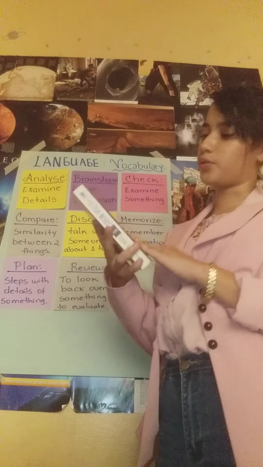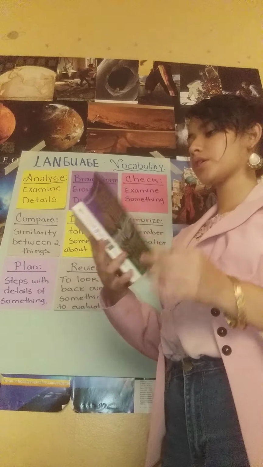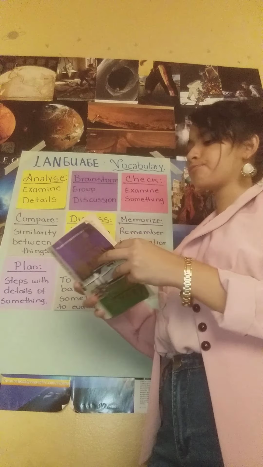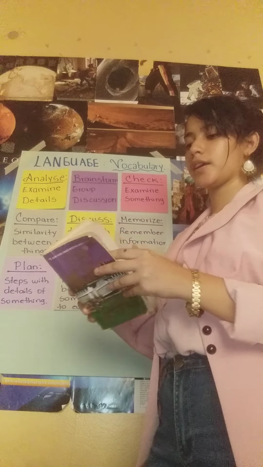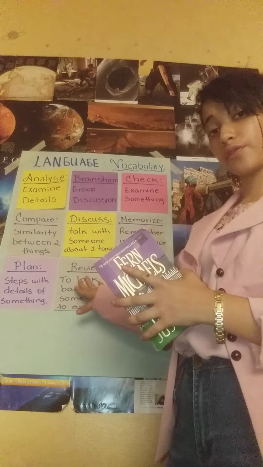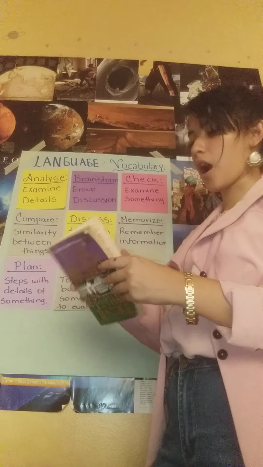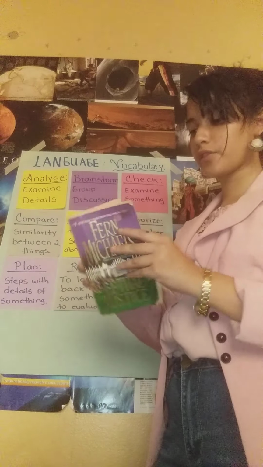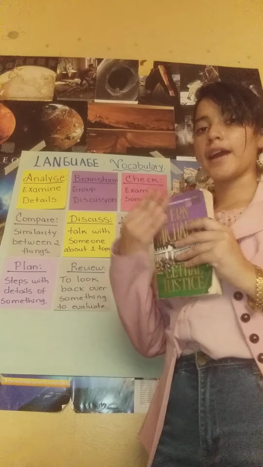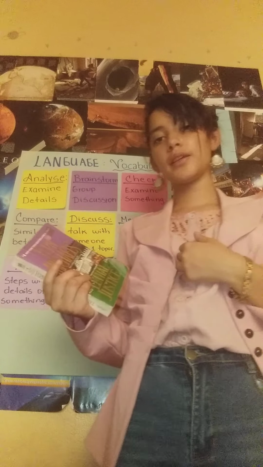I start to see the cover page, so I read the title. It seems interesting. So I am reviewing the book because I am looking back over everything, what the book says, what the color is, and I am evaluating if the book interests me or not.